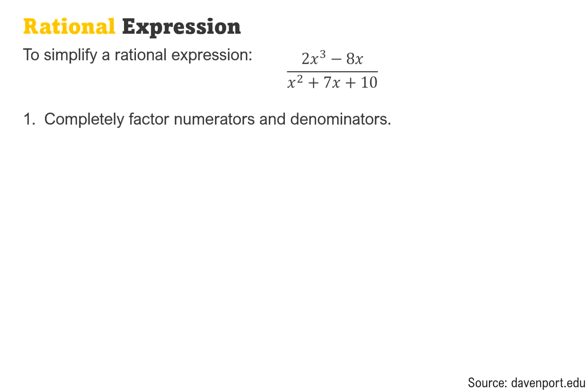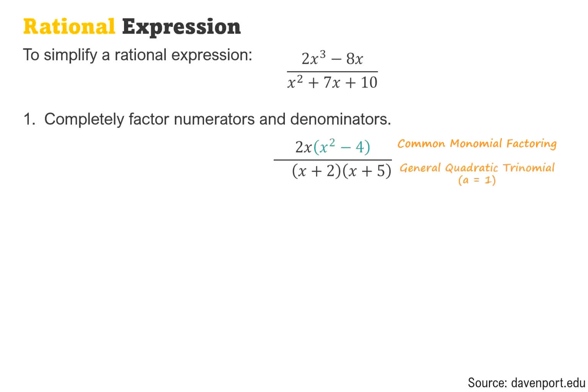So, it means na you're gonna use 2 or more factoring techniques. Now, let us factor yung numerator. So, yung numerator, we factor this using common monomial. How about ito sa denominator? Yung denominator, we factor this using a general quadratic trinomial wherein a is equal to 1.